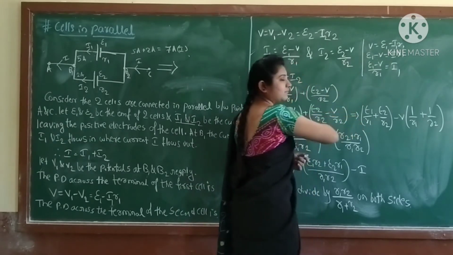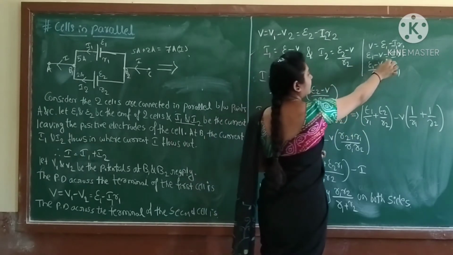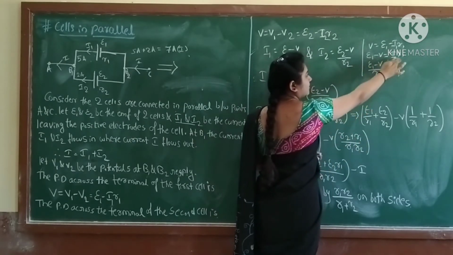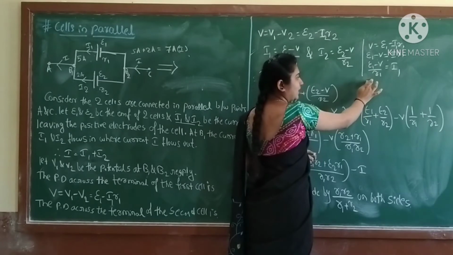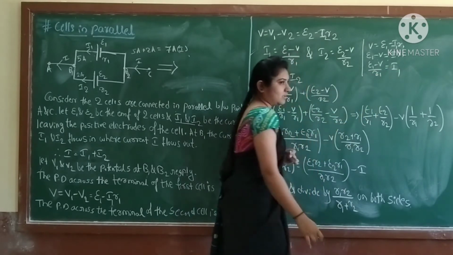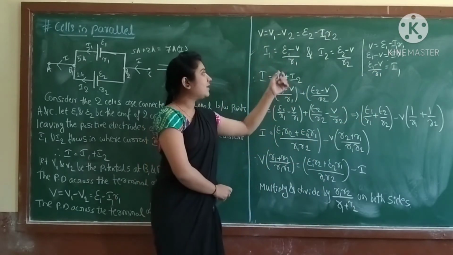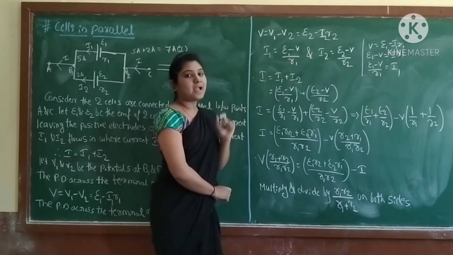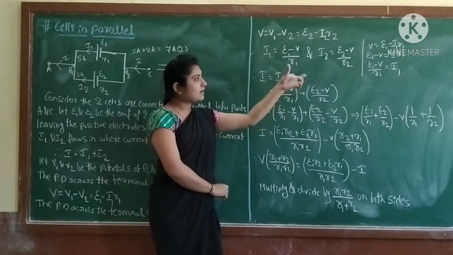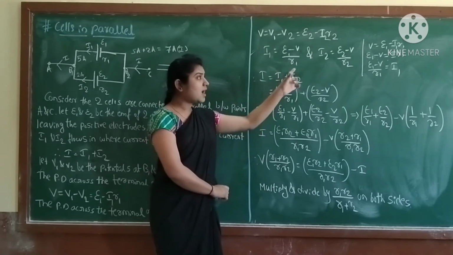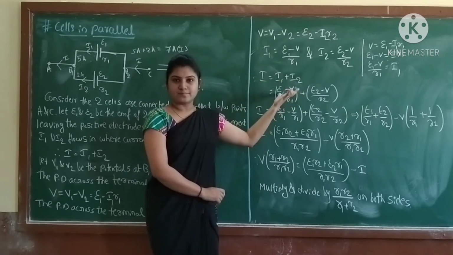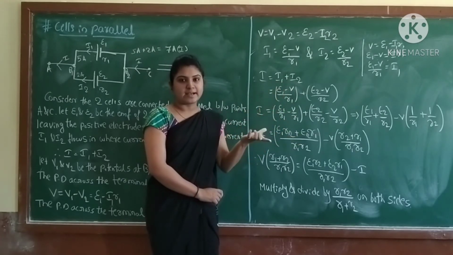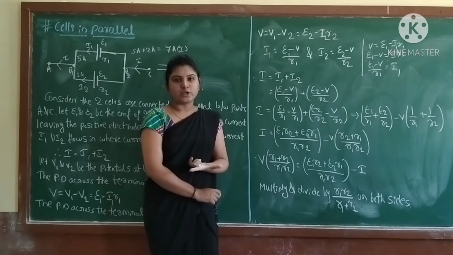E1 minus V is equal to I R1. Then this R1 will come to the denominator and it will become I1. So we are getting the value, how much? I1 is equal to E1 minus V divided by R1. Just understand how we converted in terms of the electric currents I1 and I2.